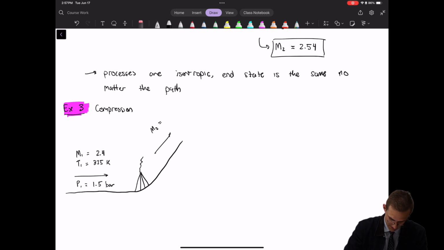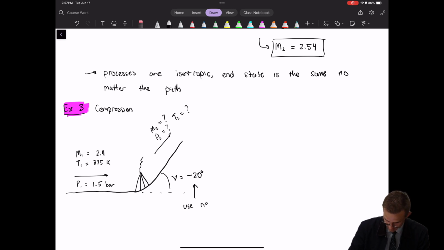What's M2, what's P2, and what's T2? We know that we're turning through a direction of minus 20 degrees, so you have to use a negative for compression.